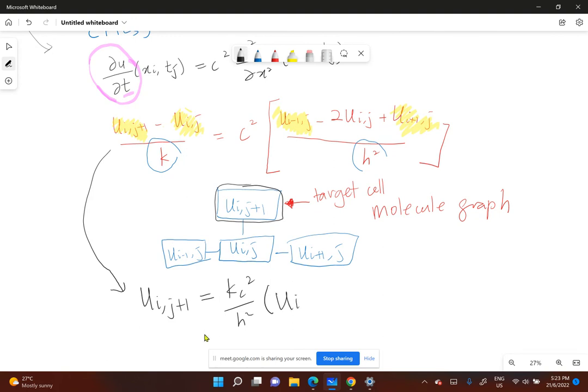Become ui minus 1j minus 2uij plus ui plus 1j. Lepas tu plus with uij. Kan? Yang uij ni saya bawa ke kanan. I bring to the right.